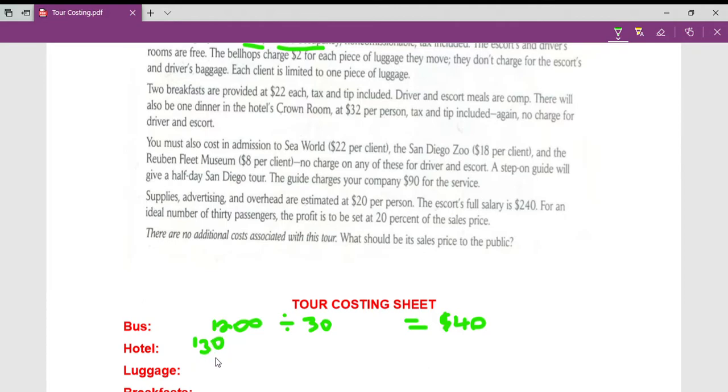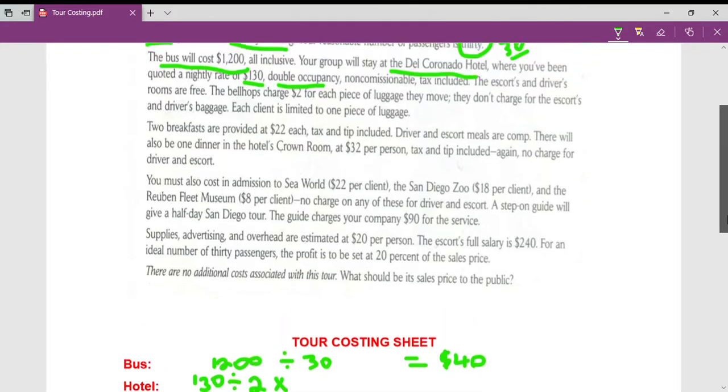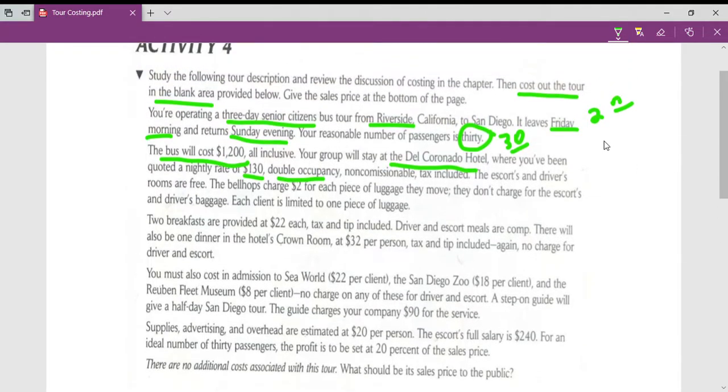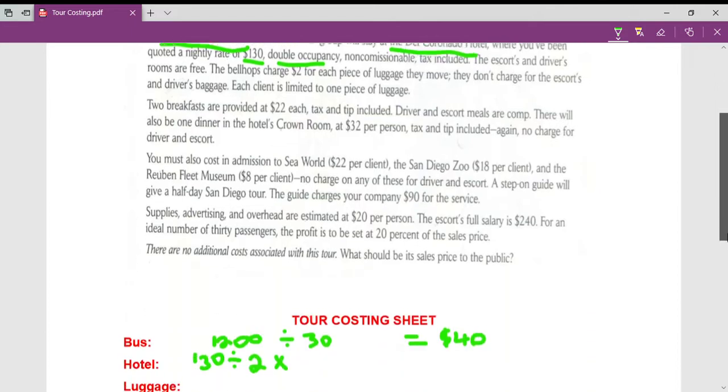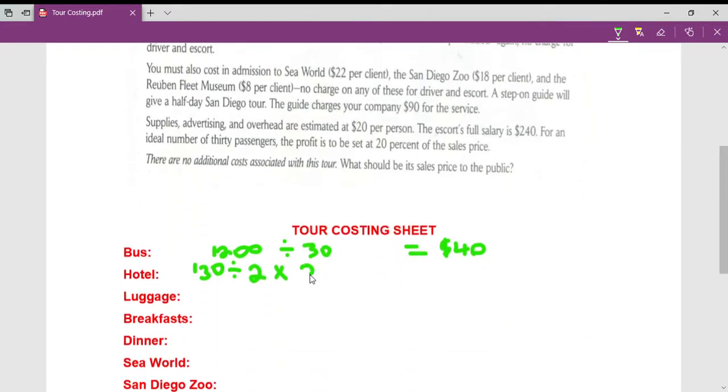Since it's double occupancy, we need to divide that by the number of people sharing the room. So we divide that by 2, and once you've done that, we also have to multiply that by the number of nights. How many nights? We've already determined that the number of nights is 2. You remember that? Yes. So we multiply that by 2, for double occupancy and number of nights. And therefore, this will give us, if I'm not mistaken, $130.